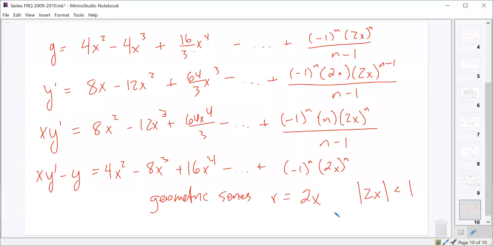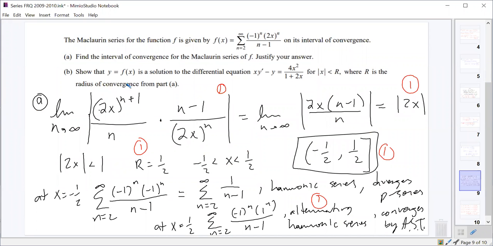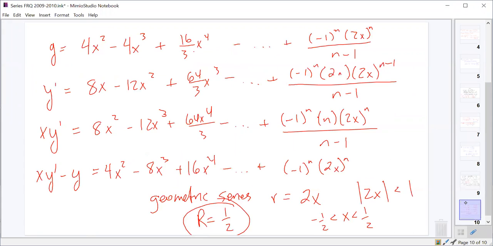And that should give us x is less than a half and greater than negative 1/2. And so therefore it's got the same radius of convergence, right? It just asked about the radius of convergence, not necessarily the exact same interval of convergence, but it asked for the same radius of convergence. The radius of convergence from part A was a half.